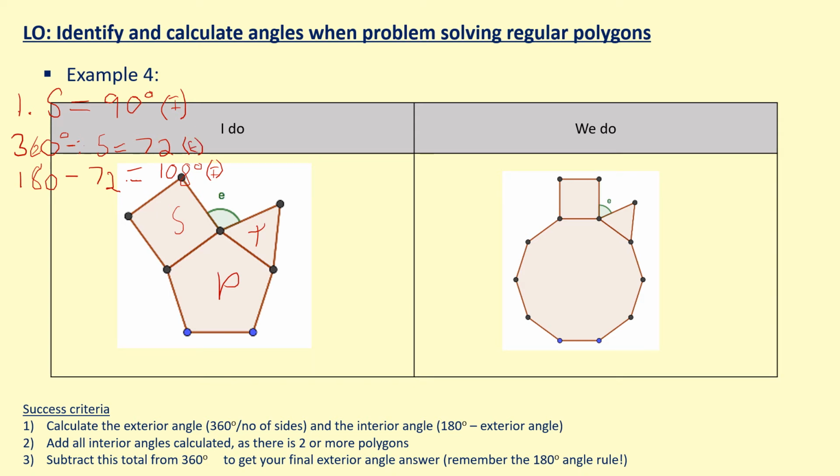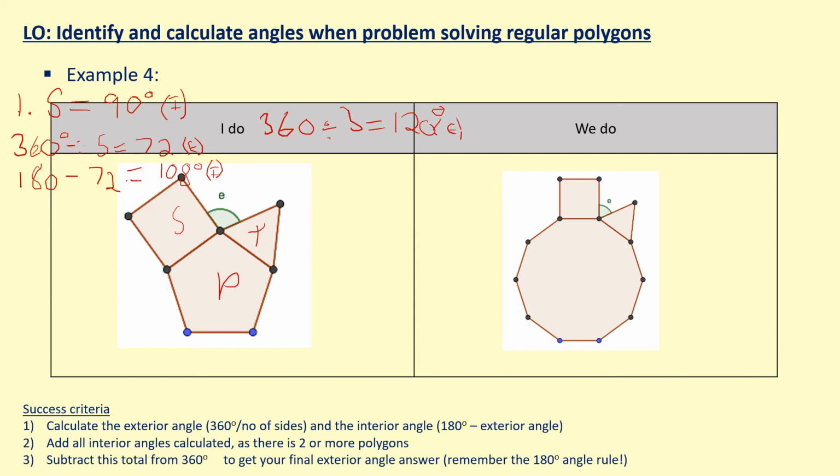And then we've got the triangle left, haven't we? So I'll do that to the right. So this time 360 divided by 3 equals 120 degrees. That's our exterior.